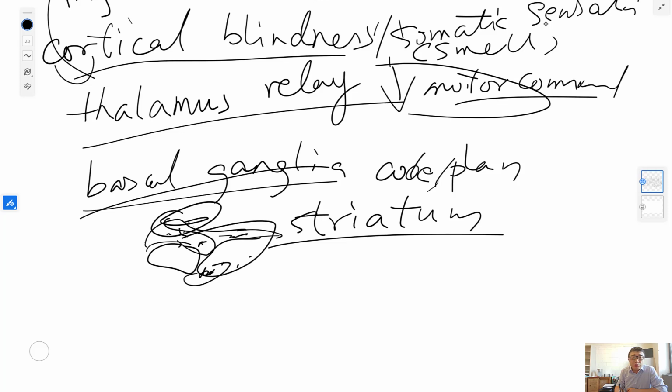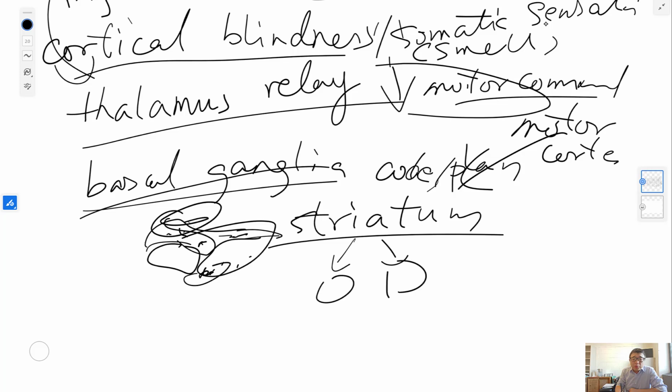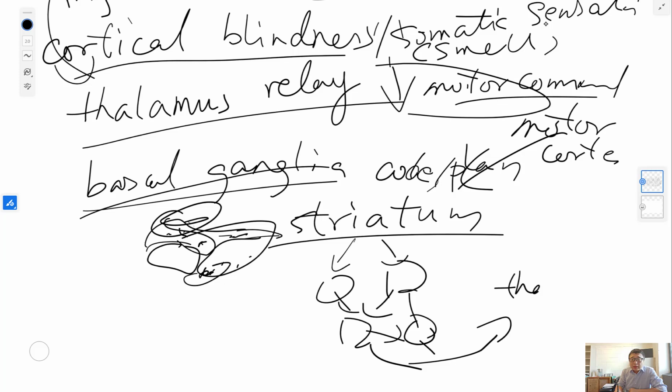This is the first station. The striatum receives all the orders from the motor cortex. The striatum gives orders to multiple nuclei, which is not required here. So this is a complicated network. Eventually, everything goes to the thalamus, and the thalamus gives the order down to the muscles, and also gives orders back to the cortex.